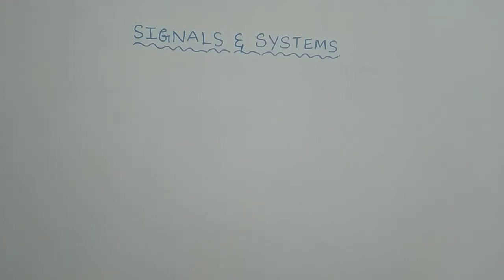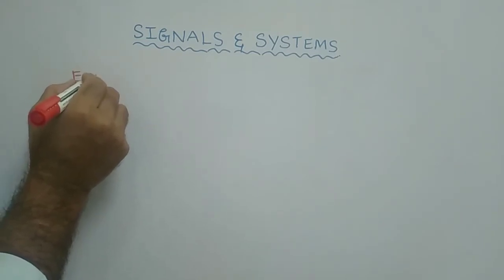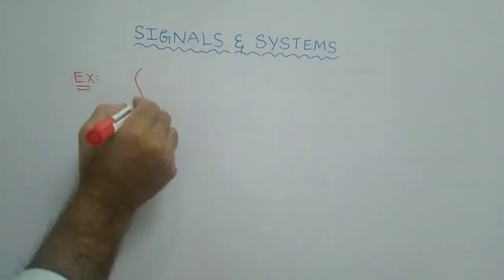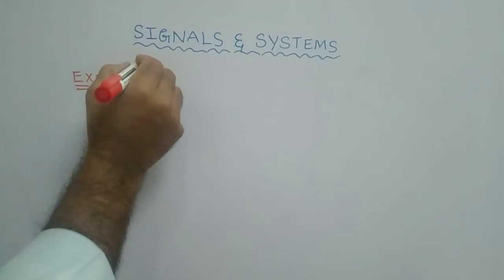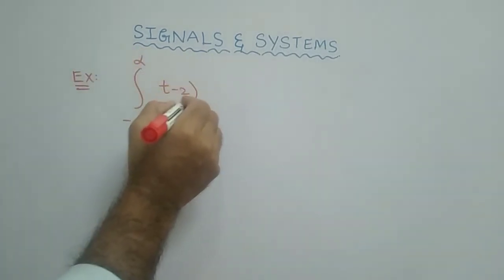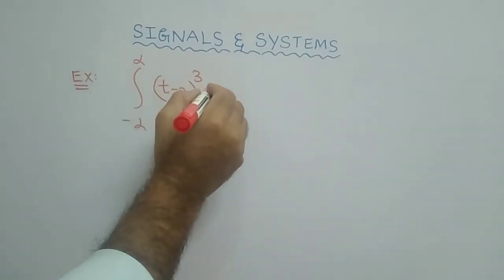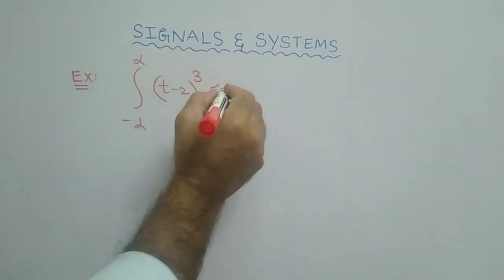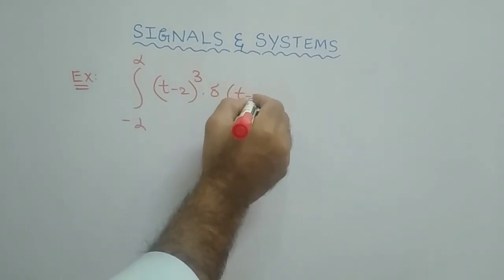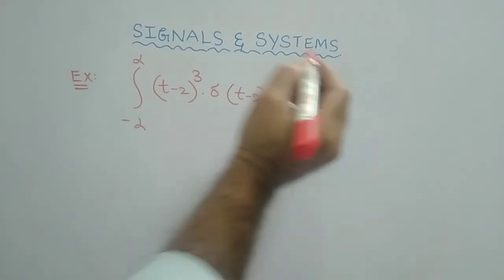Evaluate the integral from minus infinity to plus infinity of (t minus 2) whole cube into delta of t minus 2 dt. Tell me what could be the answer for this?